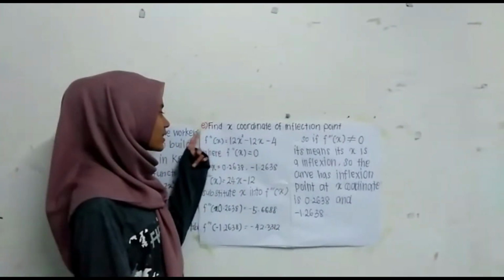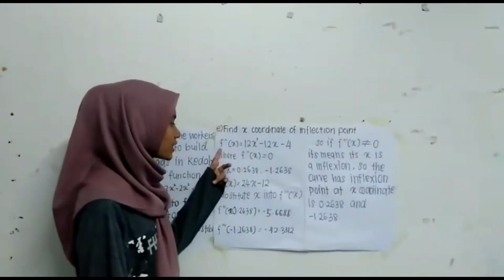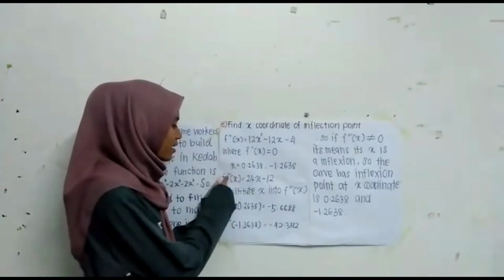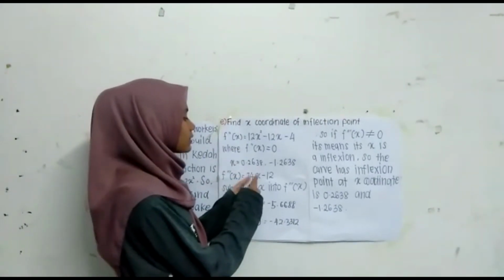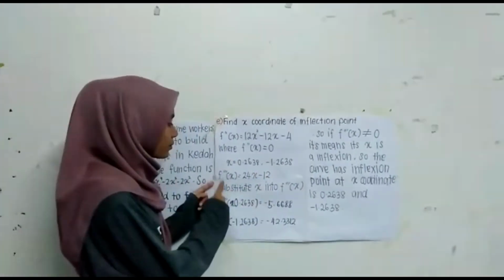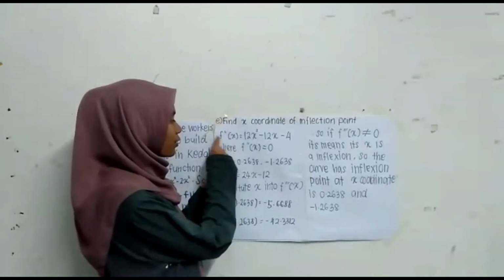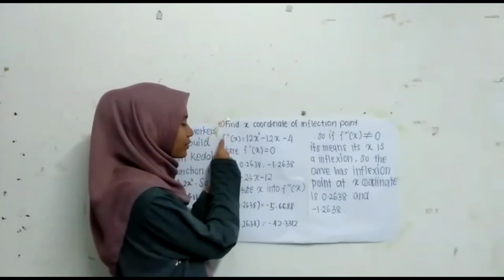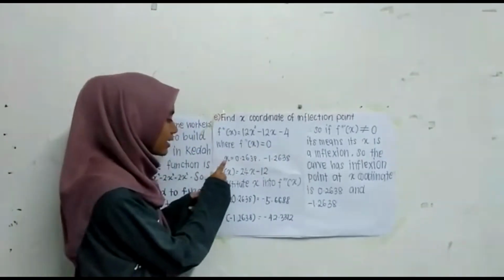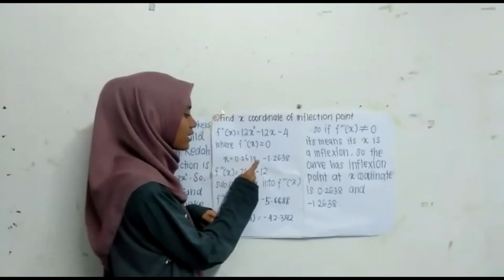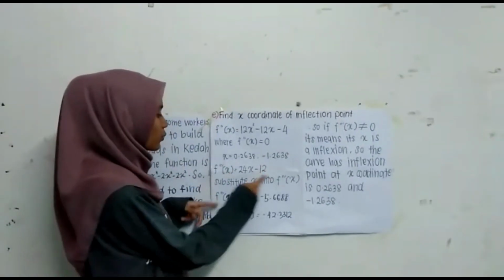The next question is to find the x coordinate of the inflection point. For this question we must find f prime prime prime of x and we get 24x minus 12. From this, we substitute the x values from the equation of f prime prime, where f prime prime x equal to 0, we get x equal to 1.2638 and negative 0.2638 in this equation.